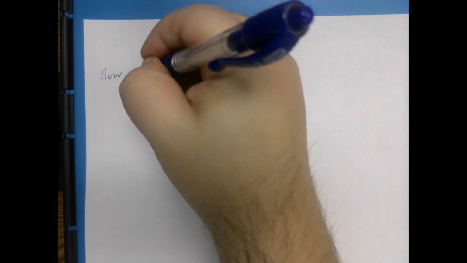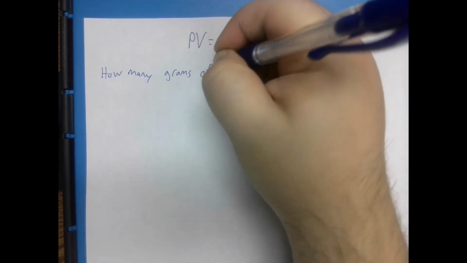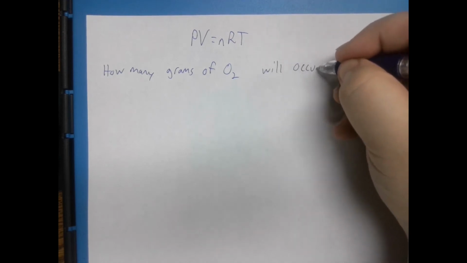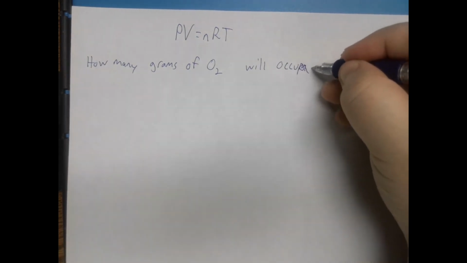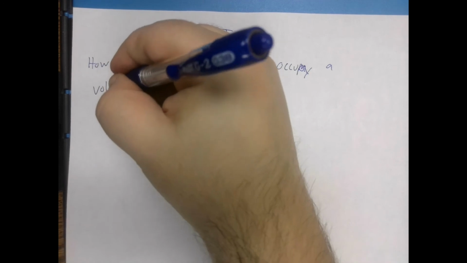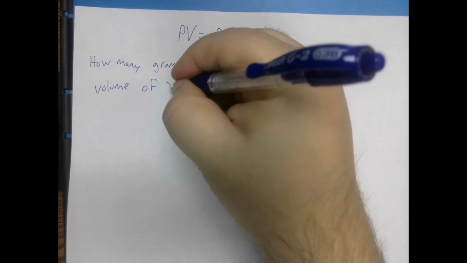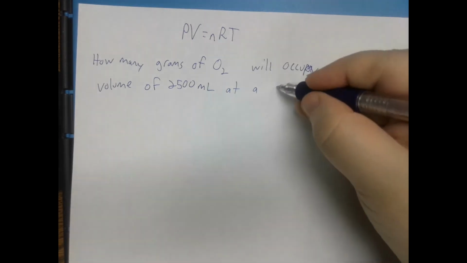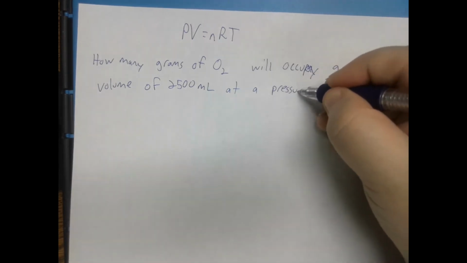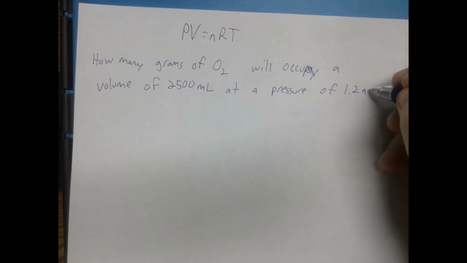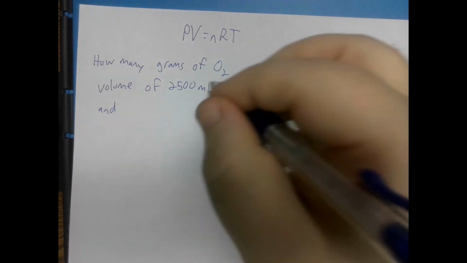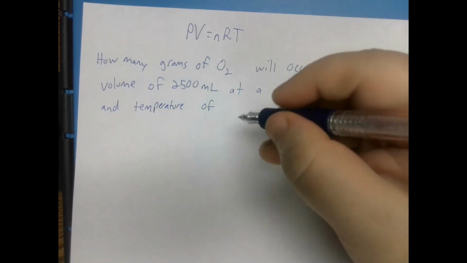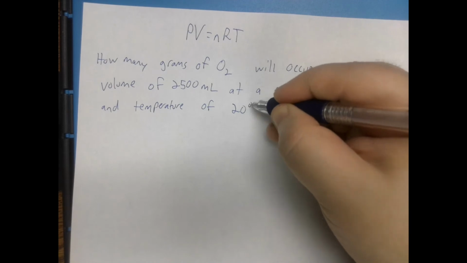How many grams of O2 will occupy a volume of 2,500 milliliters at a pressure of 1.2 atmospheres and temperature of 20 degrees Celsius.